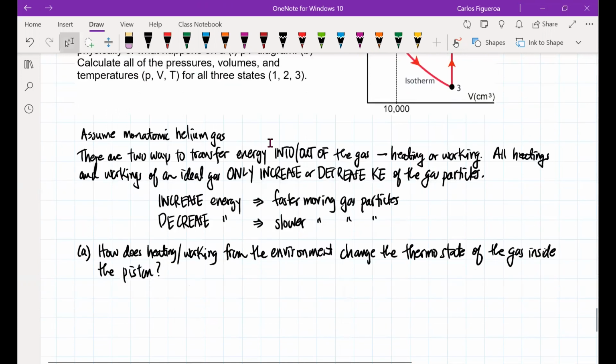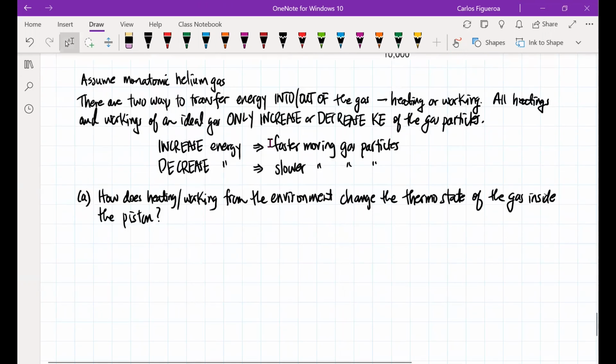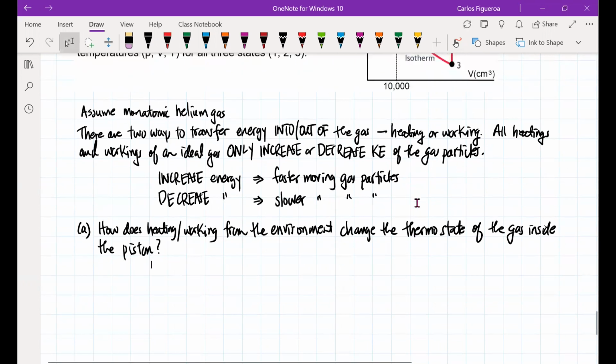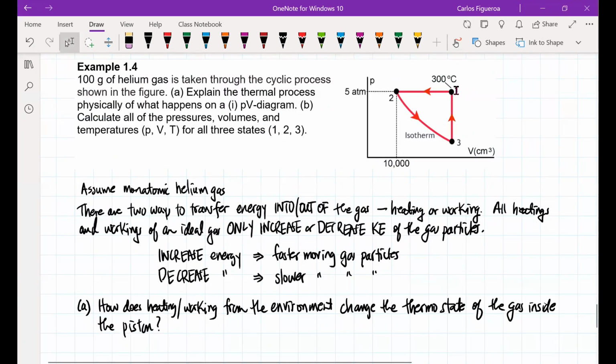So the only way this can happen here is that we got to look at one process at a time. The first thing that we're going to do is go from state 1 to state 2. And so let's add a picture of what this means here.